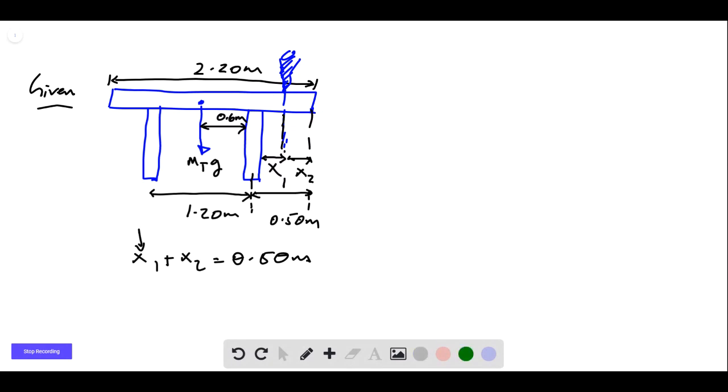The system is in equilibrium, so we can get the sum of forces and the sum of torques around the right leg or right support. So from this point, the sum of torques will be 0.